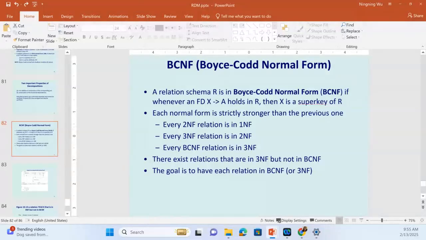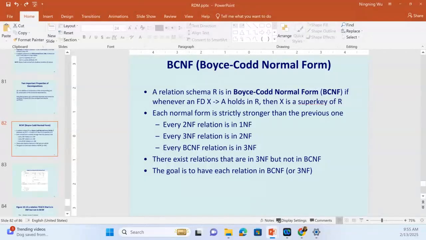For 2NF, it only does not allow partial dependency. So 2NF is not stricter than 3NF.